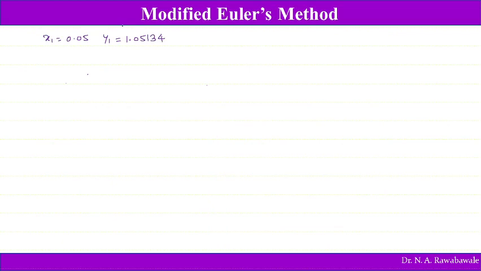In the second step, to find y2, the first iteration is equal to y1 plus h by 2 times f of x1, y1 plus f of x2, y2 of 0.